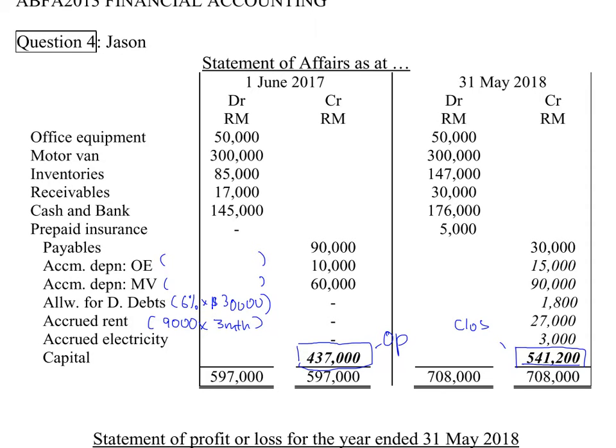Non-current asset. I got how many non-current assets here? Equipment, 50,000 cost, less accumulated depreciation. 50 minus 15, 35. Second asset, motor van, 300,000 minus 90. There, shown here.